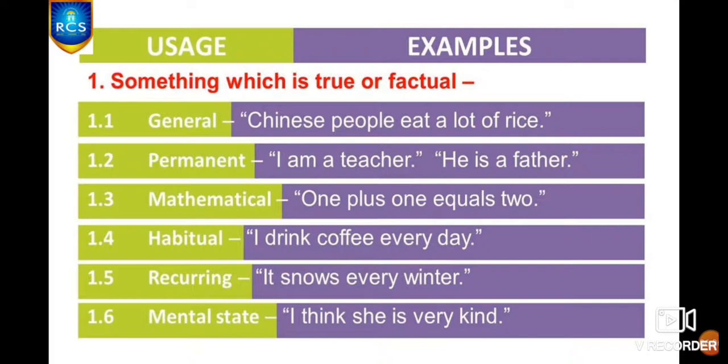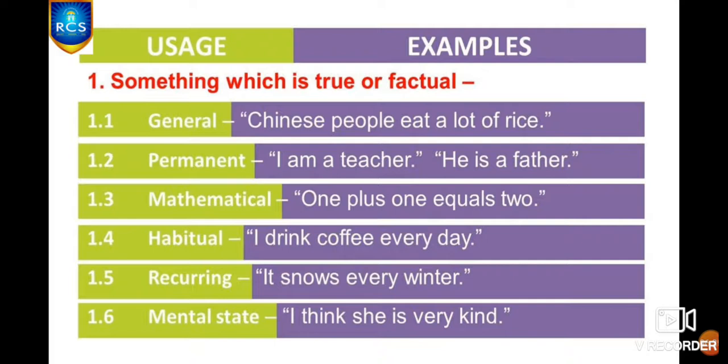What is the usage of this simple present tense? For general facts or information, and for permanent actions that cannot be changed. For example, he is a father. I am a teacher. Some things cannot be changed, right? It is permanent. For that, we can use the simple present tense.